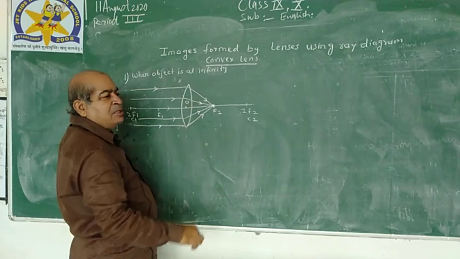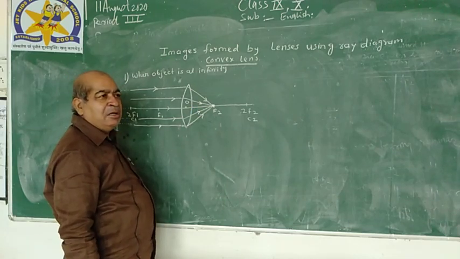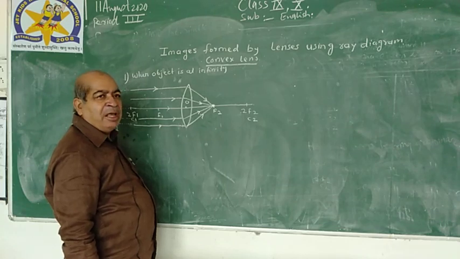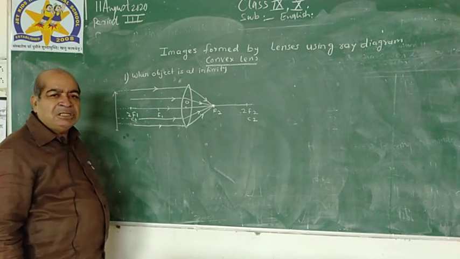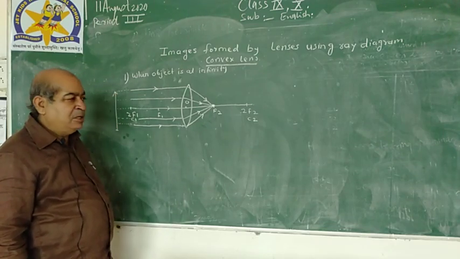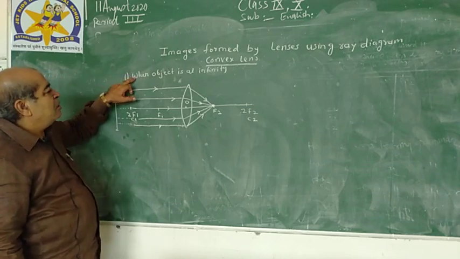Hence the image is real, and the image is inverted, and it is small as compared to the size of the object. So this is the first position of object.